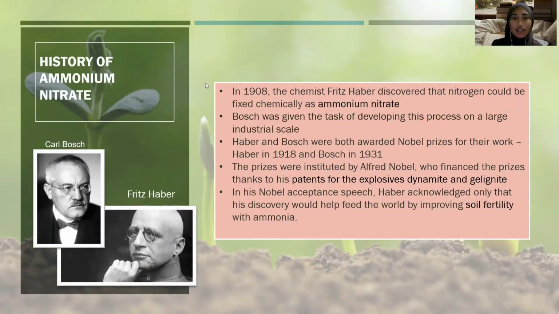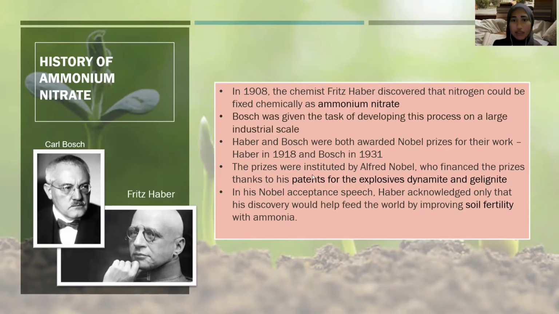Okay, we continue. In 1908, the chemist Fritz Haber discovered that nitrogen could be fixed chemically as ammonia. So he worked together with Bosch, and Bosch was given the task of developing this process on a large industrial scale. Haber and Bosch were both awarded Nobel Prizes for their work, Haber in 1918 and Bosch in 1931.